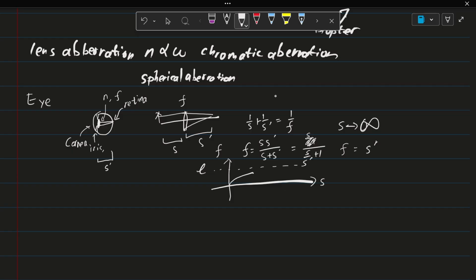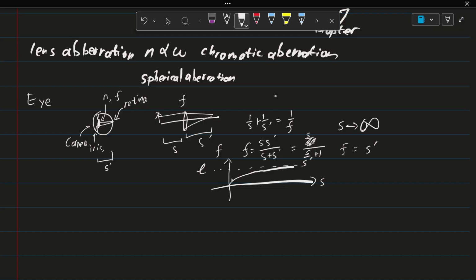It will be going something like this. You could see that there's the saturation point, so that if you have an object very far away, your eyes do not need to adjust very much. But this is different if you are looking at something very near.